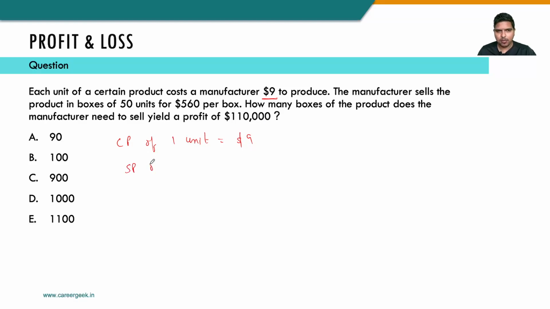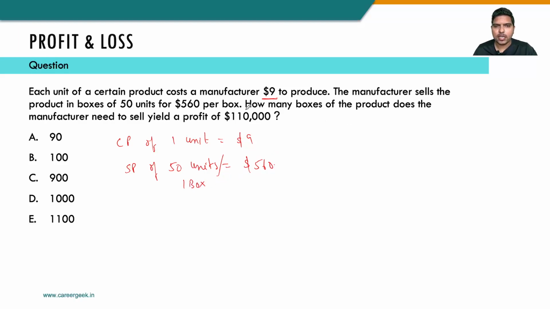So the selling price of 50 units is given as 560. How many boxes of the product does the manufacturer need to sell to yield a profit of 110,000?